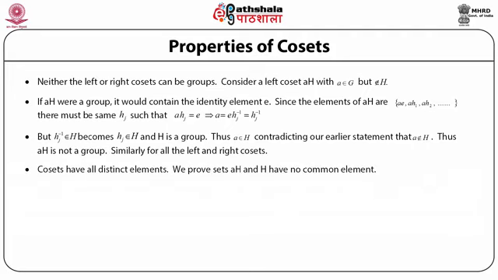Cosets have all distinct elements. We prove that sets AH and H have no common element.